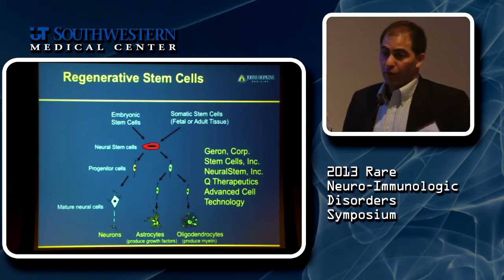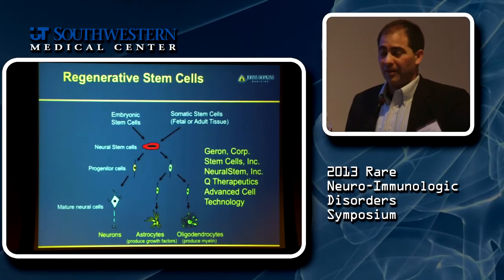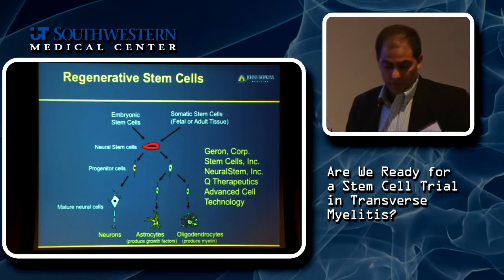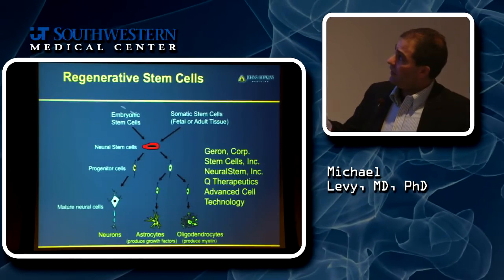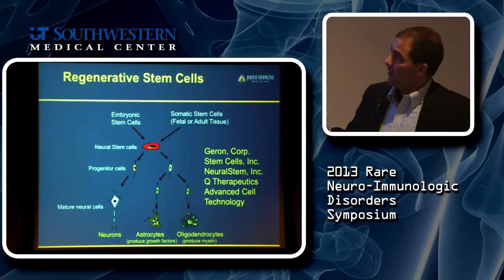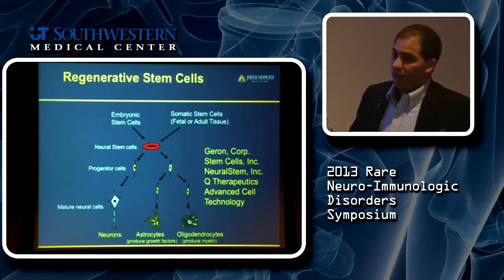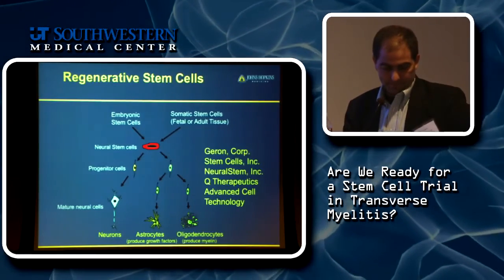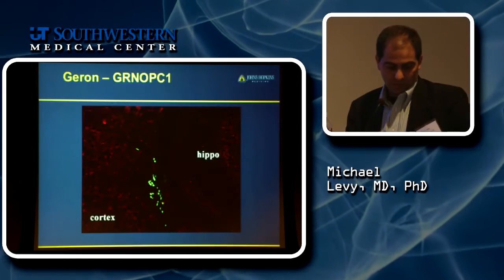You can get them from embryonic stem cells, a little bit more politically controversial, but we'll talk a little bit about that. So any source can create a stem cell called a neural stem cell. And then beyond that, you can create these progenitor cells that are very easy to manipulate and transplant.